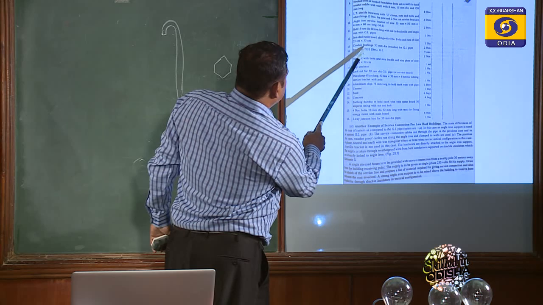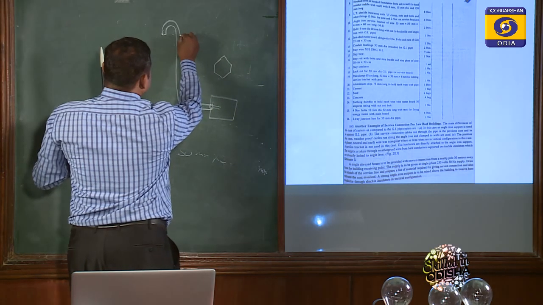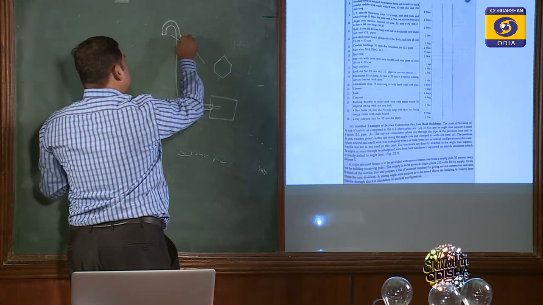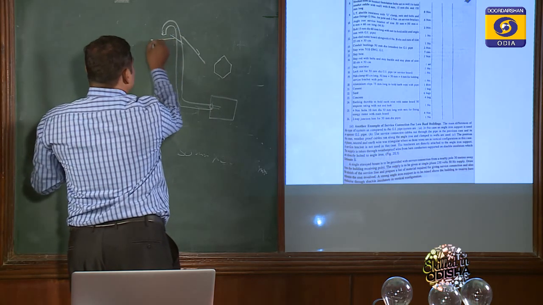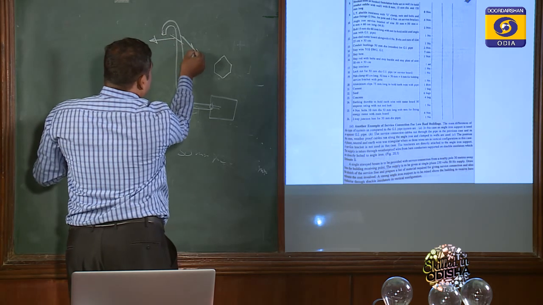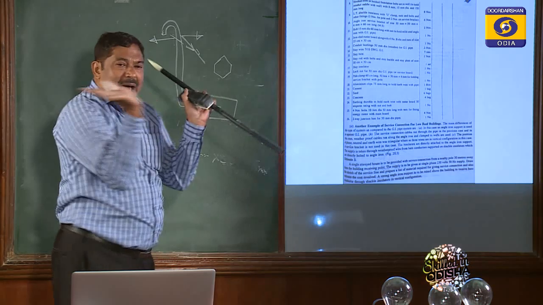Another is conduit bushings, we also give wooden bushings for GI pipe, 2 numbers. This stay wire, which I told you about, is opposite to the angle, the bracket. One force will be in this direction, and another component will be in this direction, so it will be in balance condition.